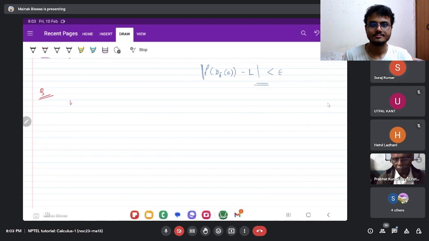Limit x tends to 0, then f of x cube minus 1.